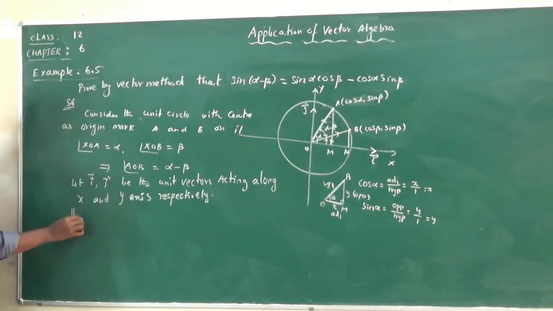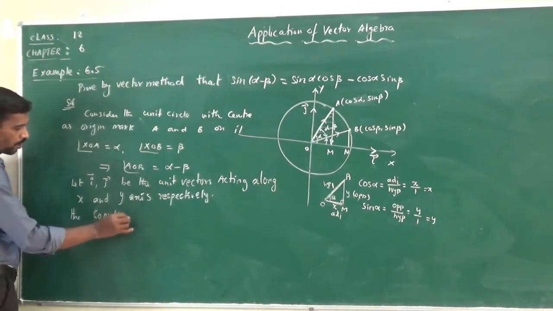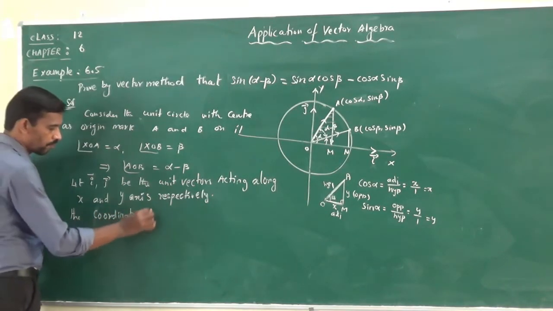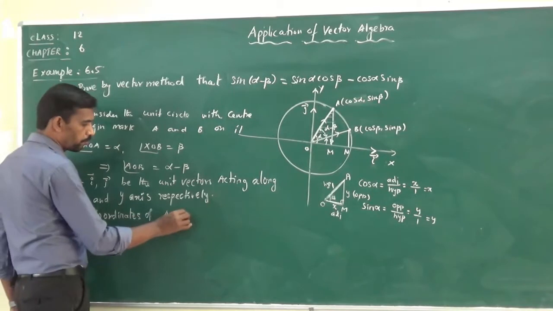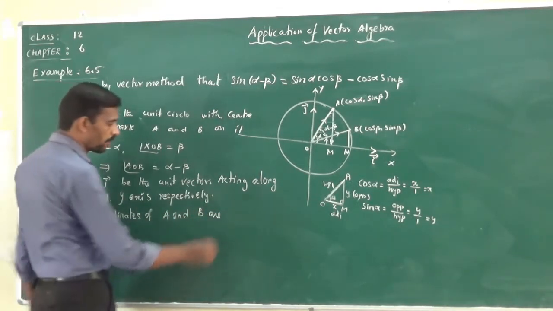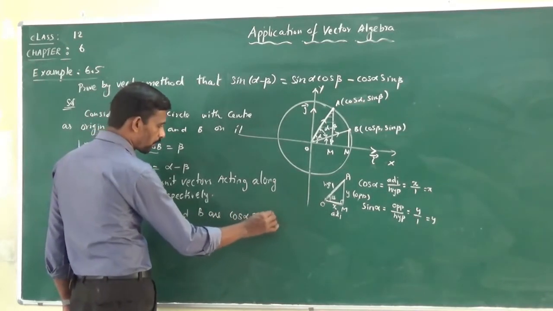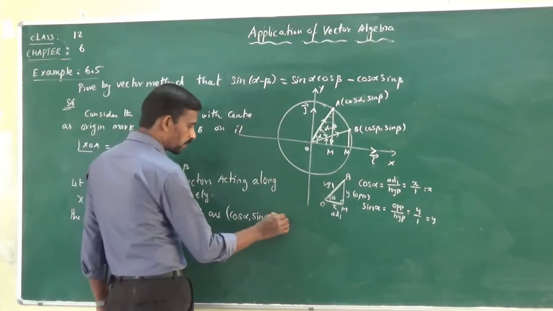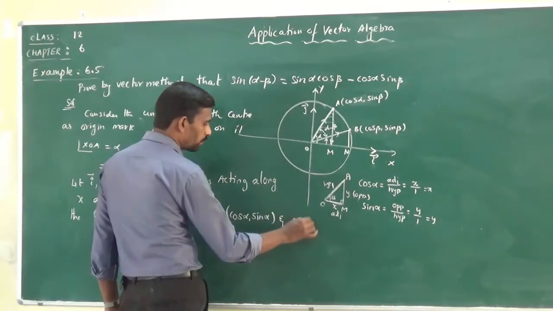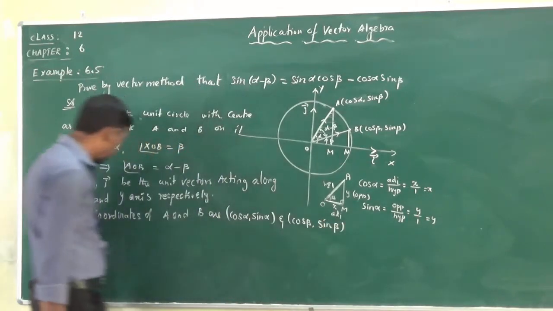Next, the coordinates of A and B are cos alpha comma sin alpha, and cos beta comma sin beta, respectively.